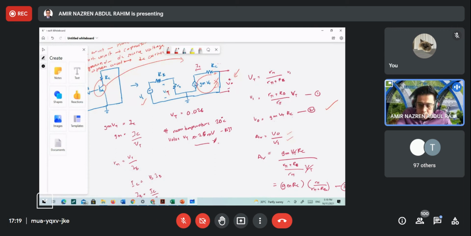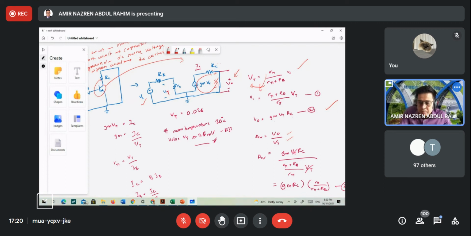So VT equals R pi over R pi plus RB times Vs. From this formula, we can derive Vs. Vs stays over here, and we bring the resistance R pi plus RB over there, and R pi down.